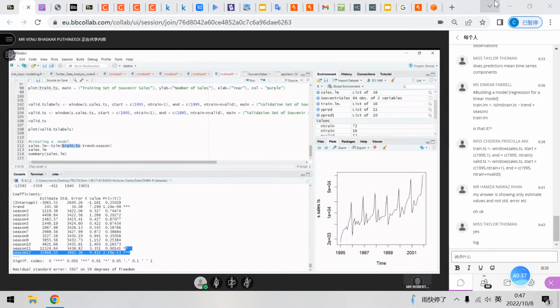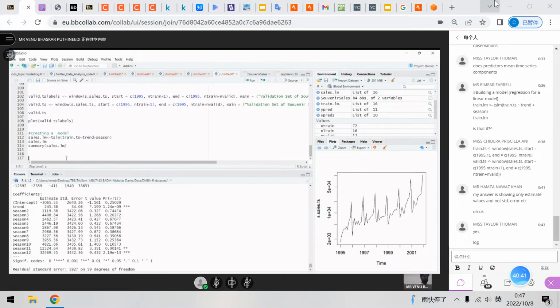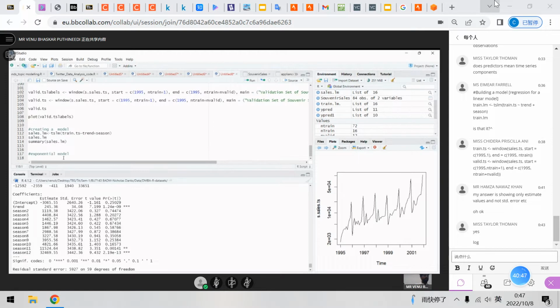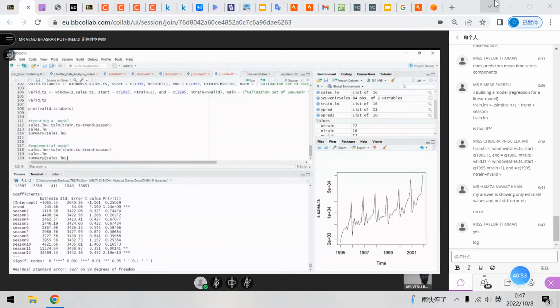Yeah. So all we have to do is create a new model, the exponential model, and use the same information, but we take the log of data, log of TS, and we call this model 1.1.